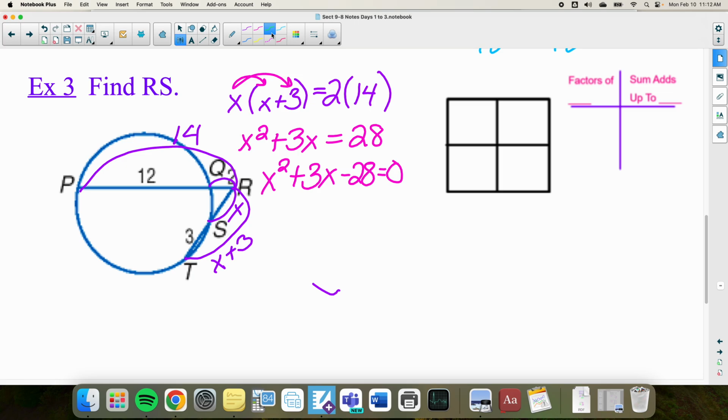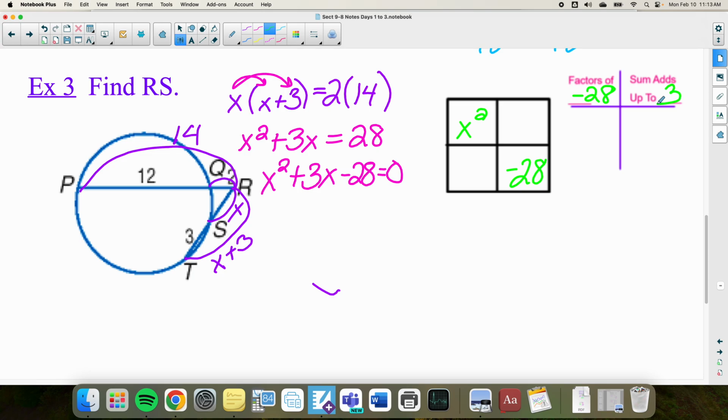Okay, now I have x squared, I'm going to put that here. Negative 28 is here and here. And then this is 3. Okay, now what I do there is I look at what two numbers multiplied give me a negative 28 and add up to a positive 3.